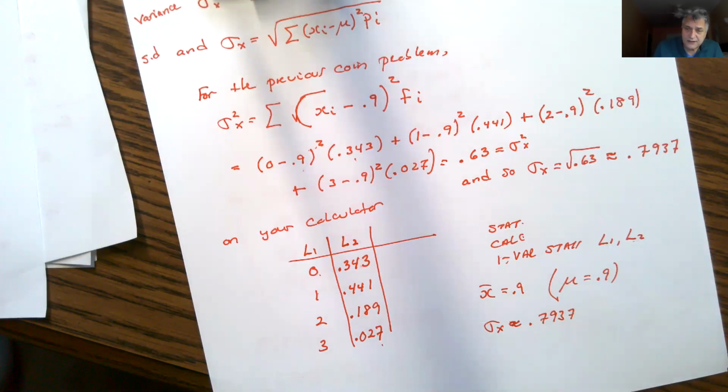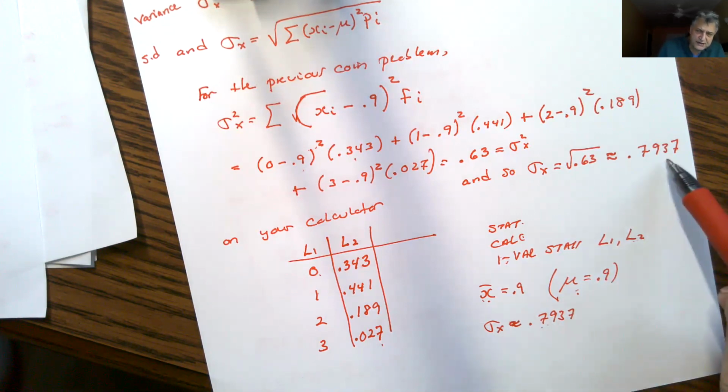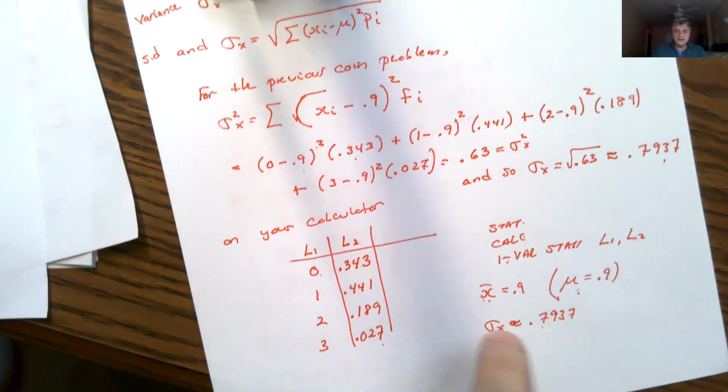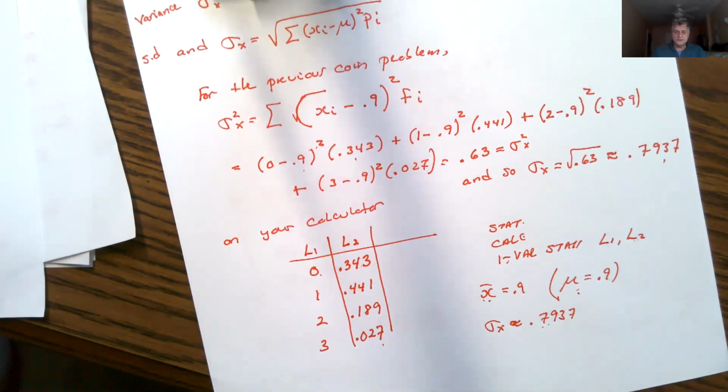The printout will look like this. It will say x bar equals 0.9, but this x bar is actually mu, which is 0.9. And you find the sigma, and that will give you 0.7937, the same as this. Notice they don't give you the variance on there, which is kind of strange. I don't know why, but they do give you the sigma. So try this out on your calculator. Turn the video off for a second. Make sure you can get that.